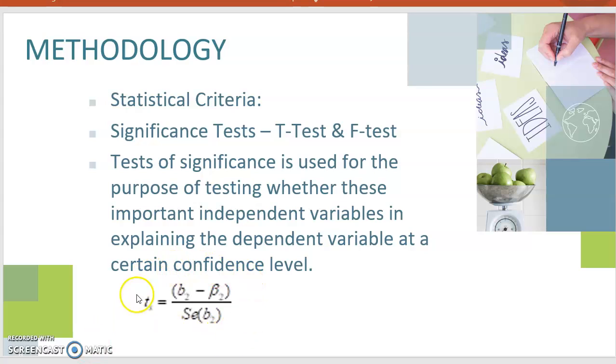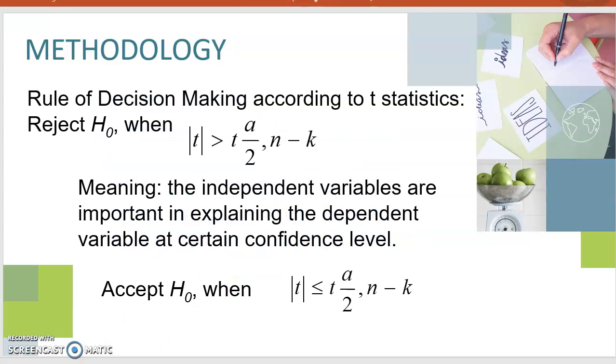So here is the formula of T star. By the rule of decision making, according to the T statistic, we will reject H null whenever the T star here is more than this value, meaning that the independent variables here are important in explaining the dependent variable at a certain confidence level.